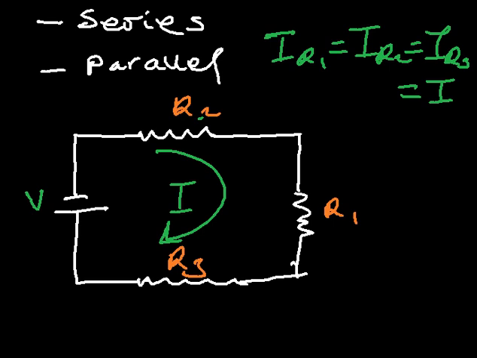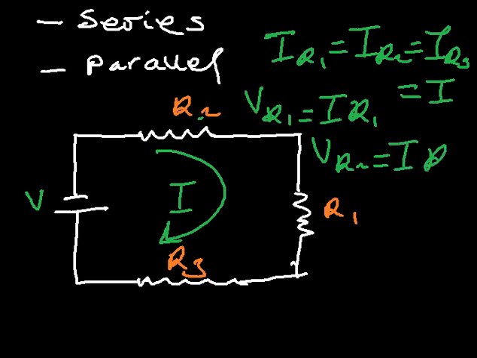Also, one thing you have to understand is that only the voltage is being shared, in the sense that the voltage across the R1 resistor is calculated using Ohm's law: the current flow times resistor 1. The voltage across the R2 resistor is the same way, the current flow times resistor 2, and likewise for the R3 resistor.